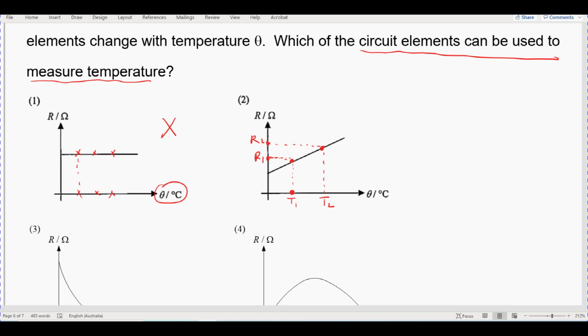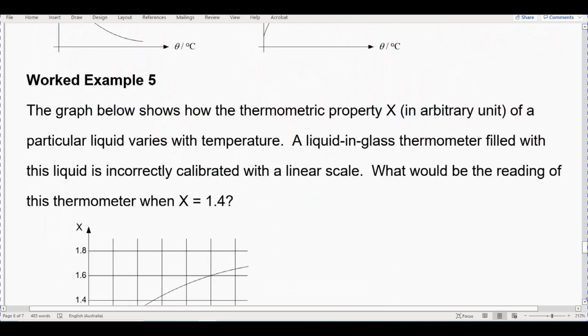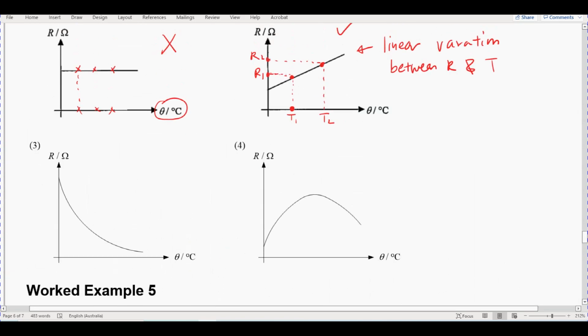This graph is good, and it is also a linear graph. You see a straight line, a linear variation between R and the temperature. Here the temperature is theta, but I would rather use T for better understanding.